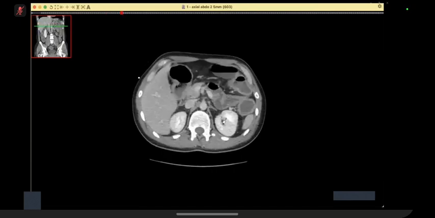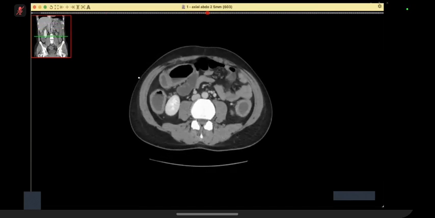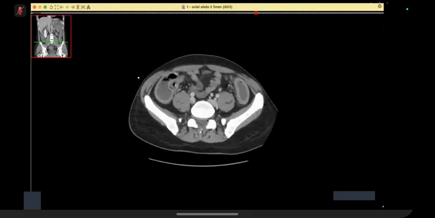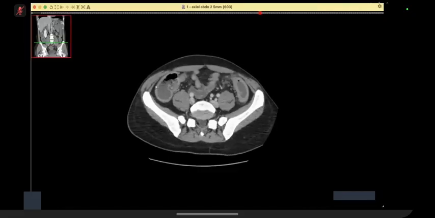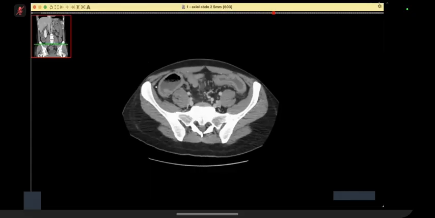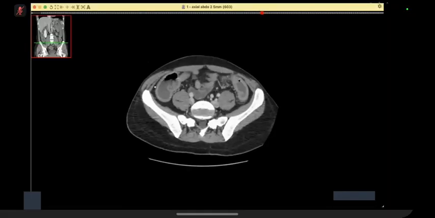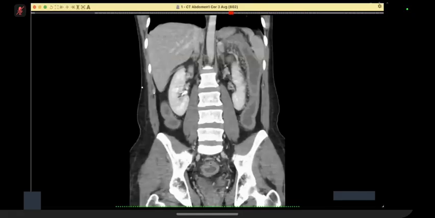I want to check the ileocecal junction. The ileocecal junction is seen thickened. Still, there is no mass lesion seen at this site. I want to check if there is any skip lesion to exclude Crohn's.